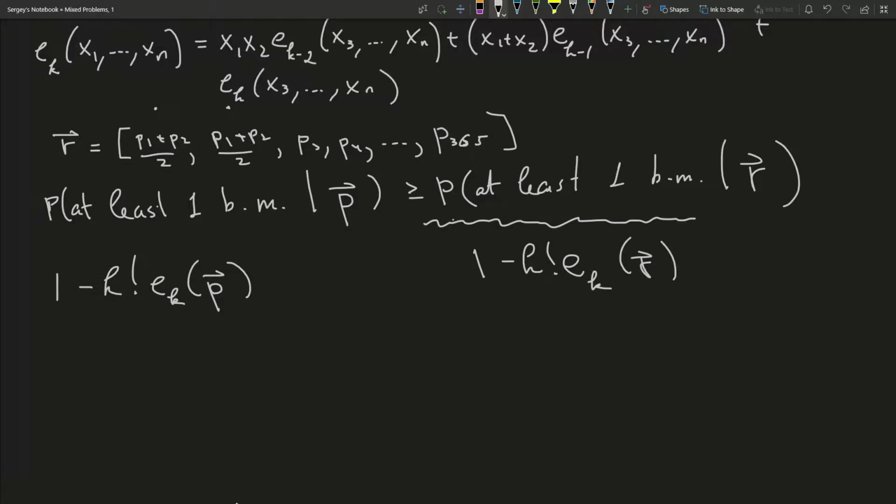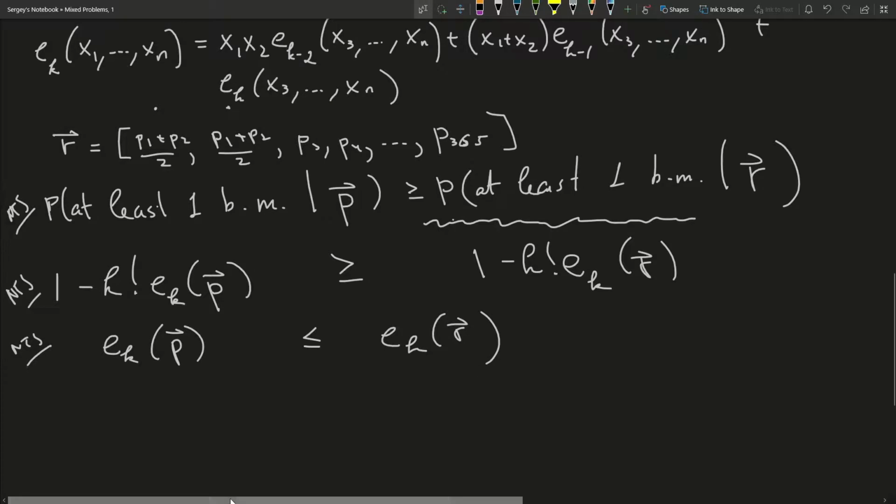So if we need to show this inequality, so the left-hand side is greater or equal to the right-hand side, it suffices to show that the kth elementary symmetric polynomial in p is less than or equal to the kth elementary symmetric polynomial in r. So this is now what we need to show.